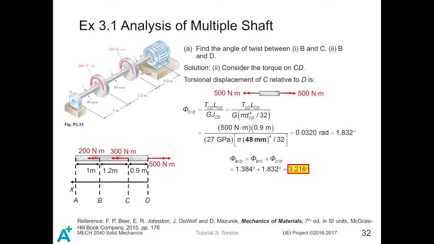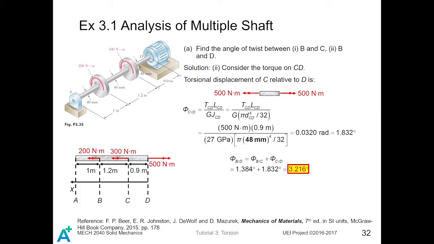Similarly, for section BD, you have to observe the torsional displacement in segment CD as well. Consider the torque on CD: since this end is already under a torsion of 500 Nm, then for this end, it must be 500 as well. So the torsional displacement on segment CD is given by the torque acting on this segment times the length of member CD, divided by the shear modulus and divided by the polar moment of inertia of the segment CD.